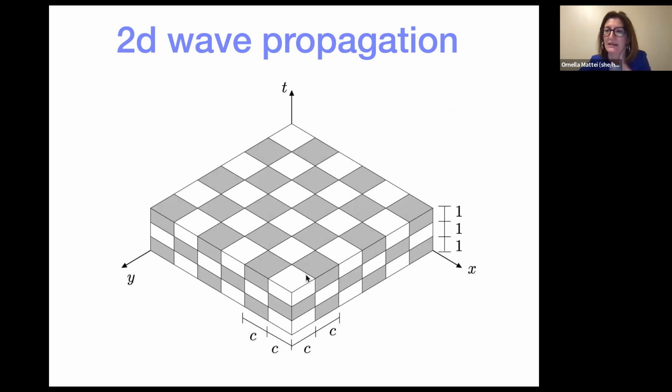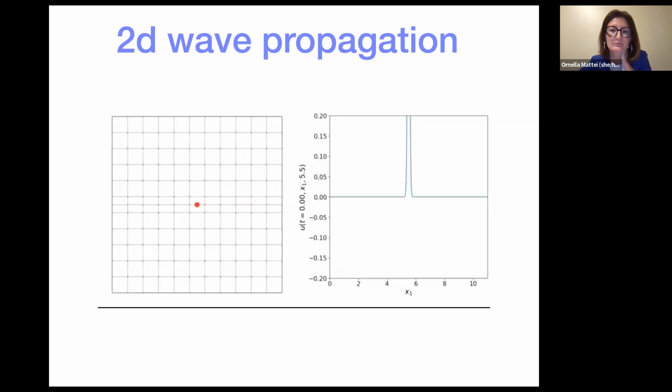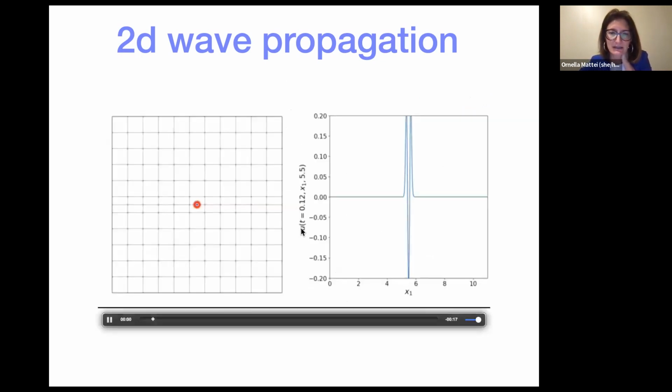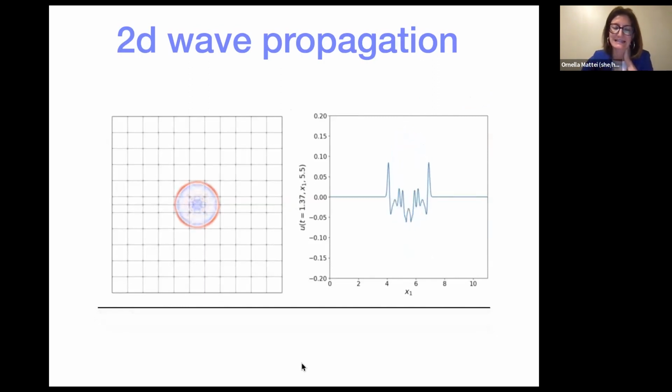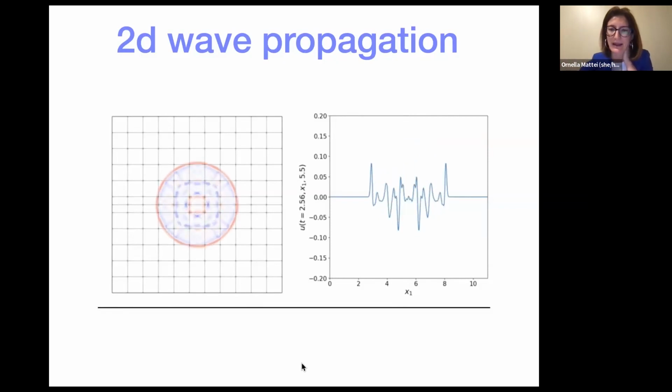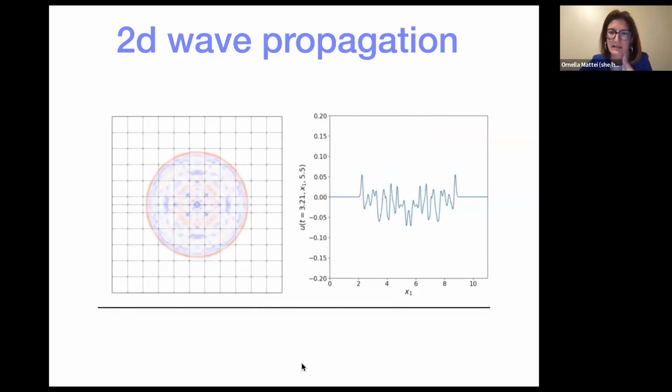So let's see what happens to a Gaussian when it travels through a material of this type. This is what we have. On the left, you see the intensity of the wave from the top. And on the right panel, you see the amplitude of the wave as it travels through the material.